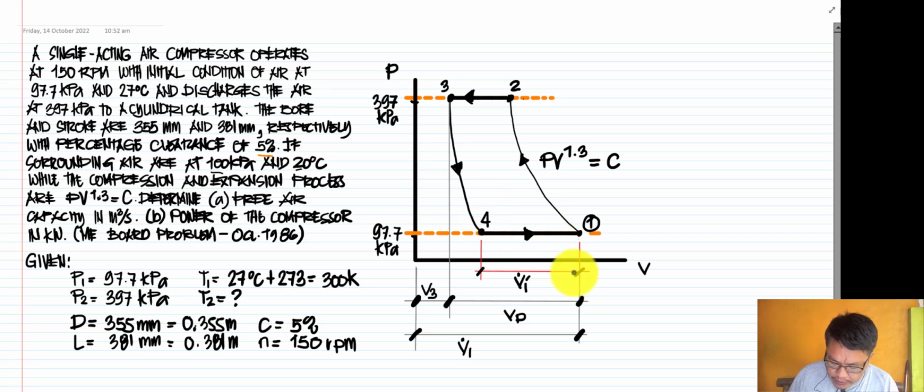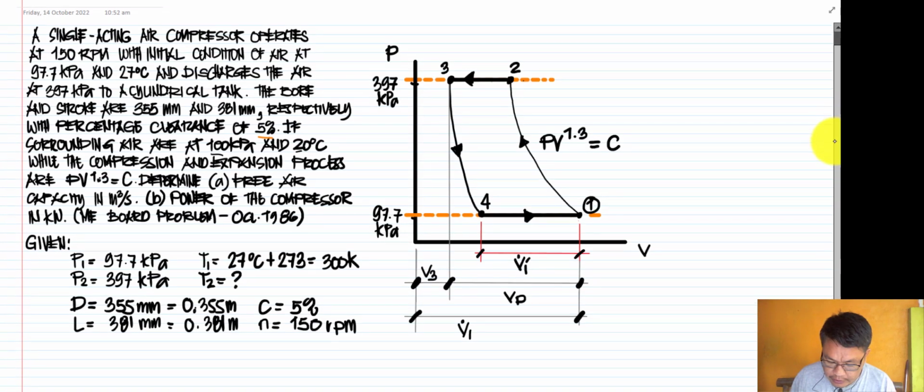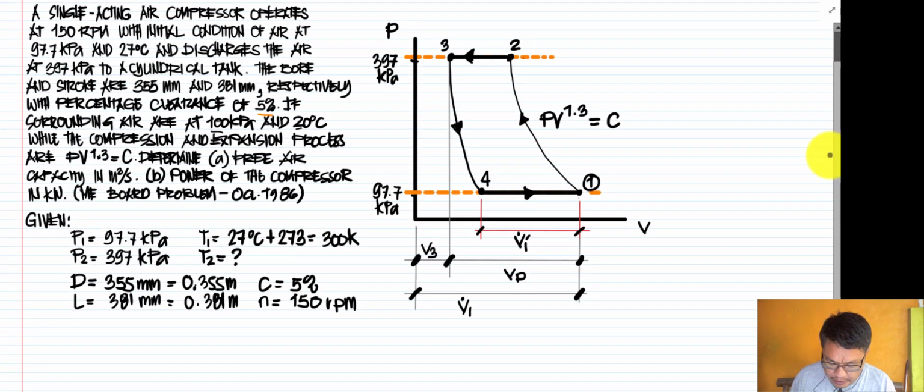Okay. So from here we have your volume displacement, starting from 0.3 going to 1. So that will be the volume displacement. Then from your top dead center, for your piston, that will be your B3. Then I have also the volume starting from top dead center going to your bottom dead center.